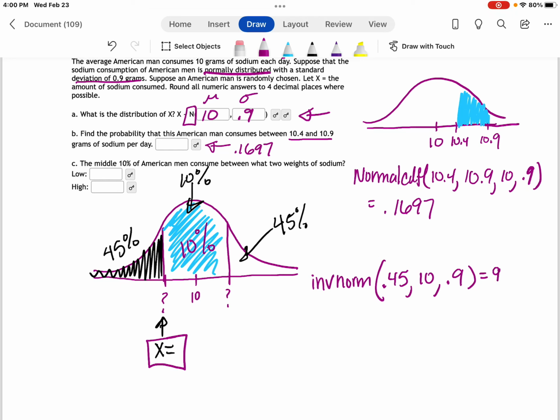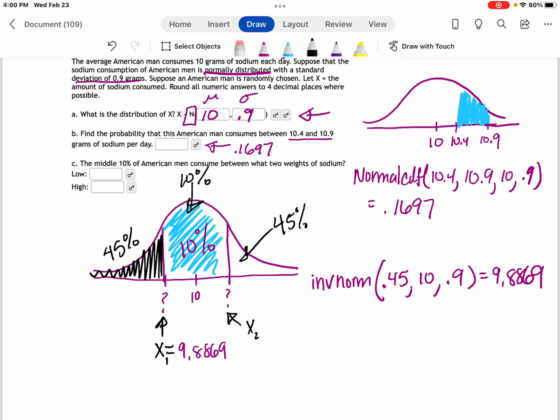Now when I do that, I get 9.8869. So that's this value of X right here, 9.8869.